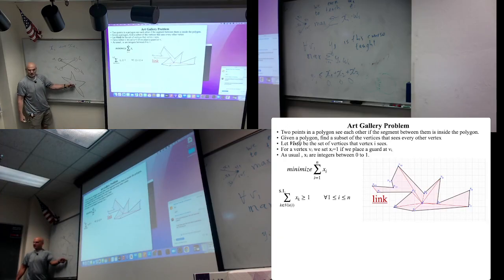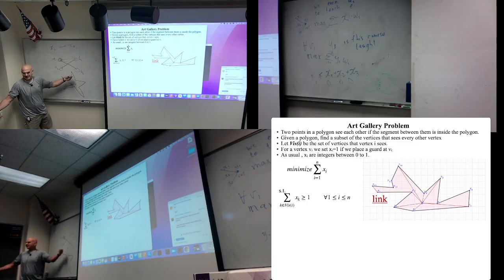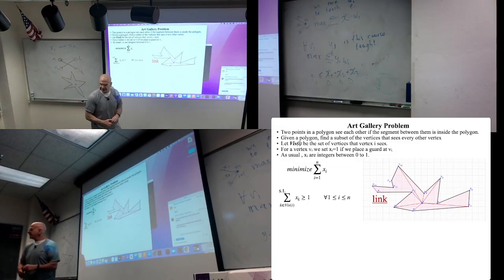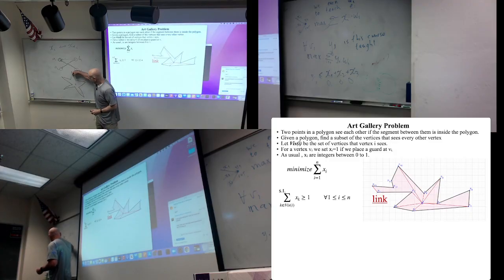Every star-shaped polygon works this way. A star-shaped polygon is a polygon that can be seen from one point. It doesn't mean that no matter where I place the camera, I'll see everything, but at least there is a point that sees everything.